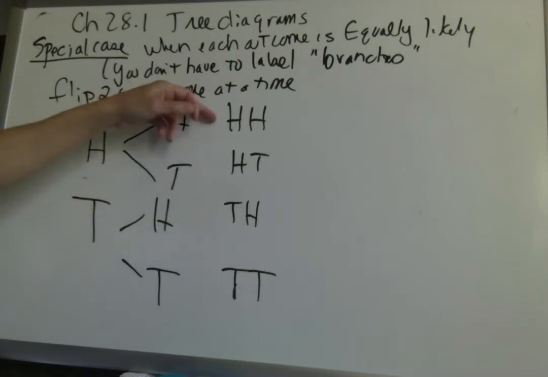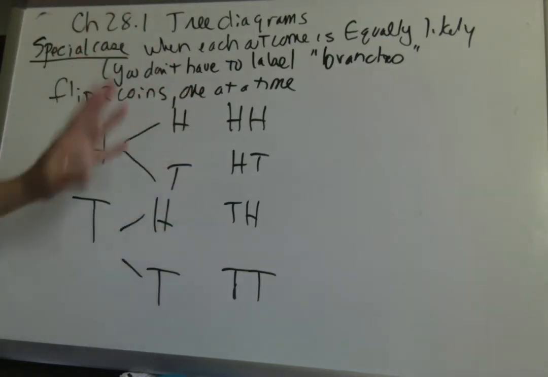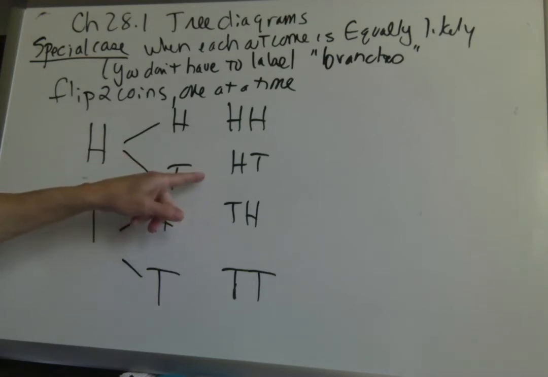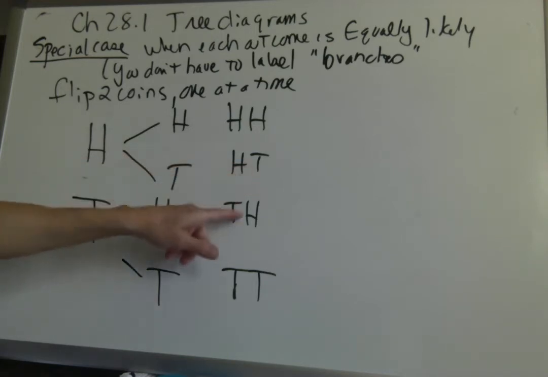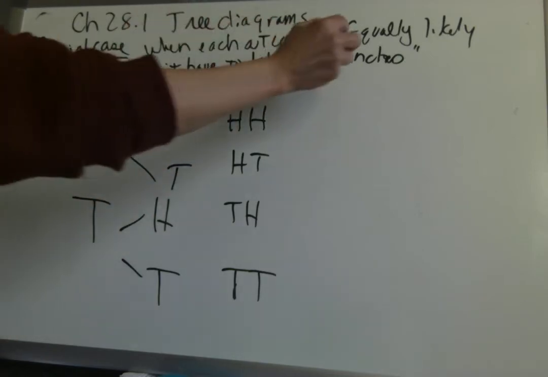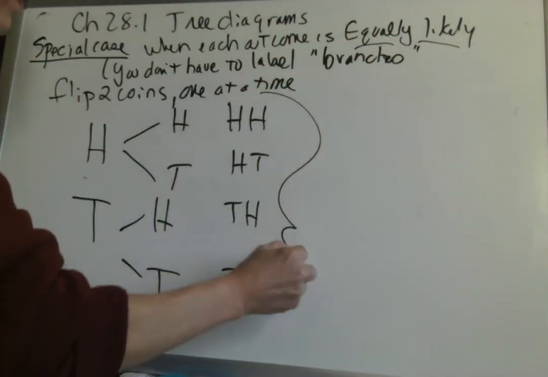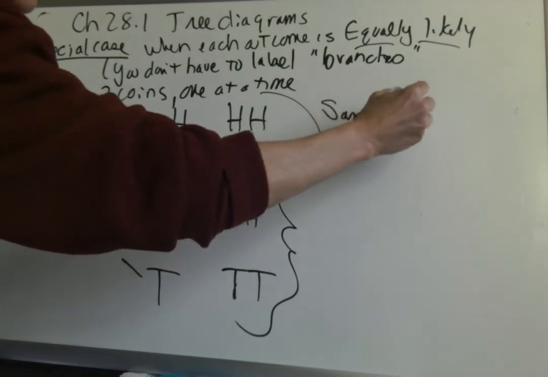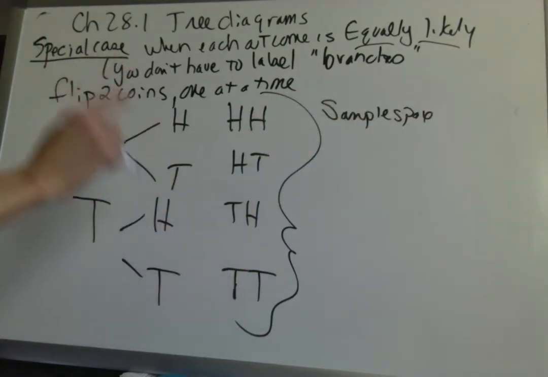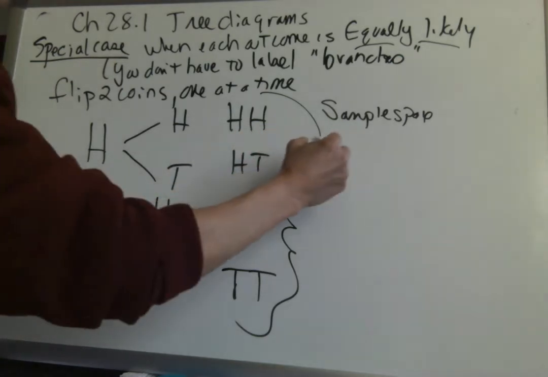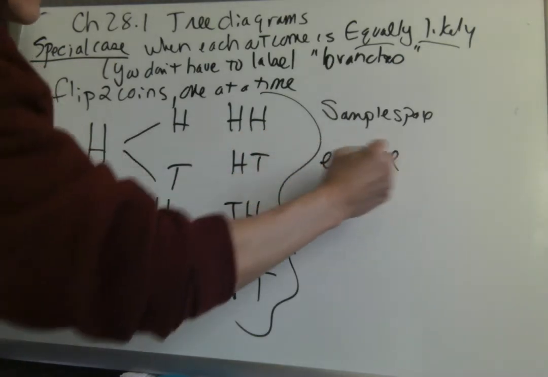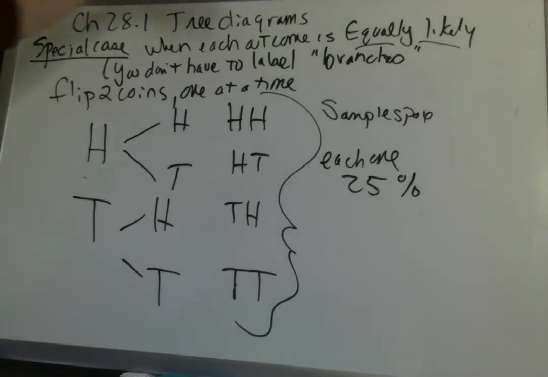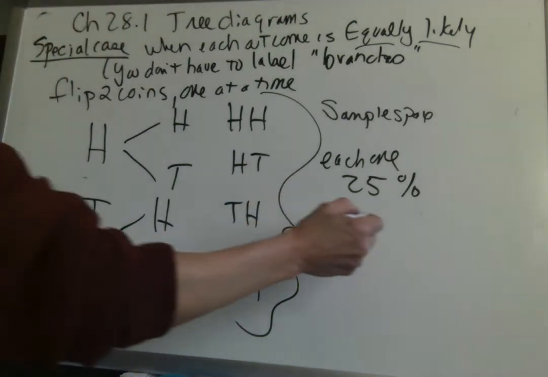They're just like 2 heads, 1 head, no heads, that type of thing. But there are 2 different ways to get just 1 head. It could have been head, tail, or tail, head. Since these were equally likely, this is called the sample space. I can just look at the sample space and know that each one of these is 25%. The only time you can do that is on the special case when it's equally likely.